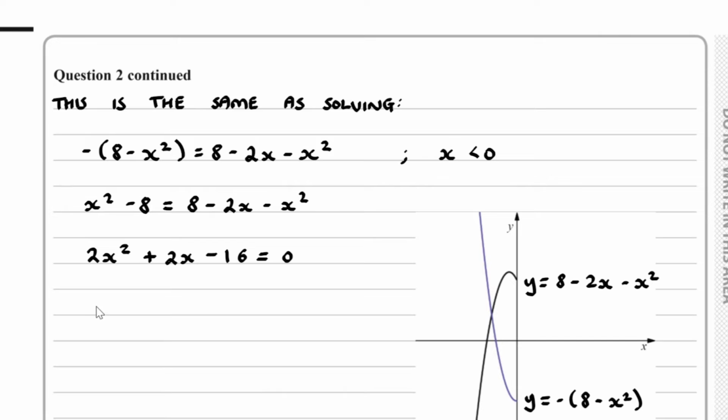And if I divide by 2, we've got x squared plus x minus 8 equals 0.